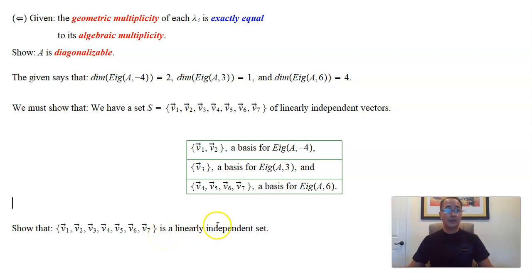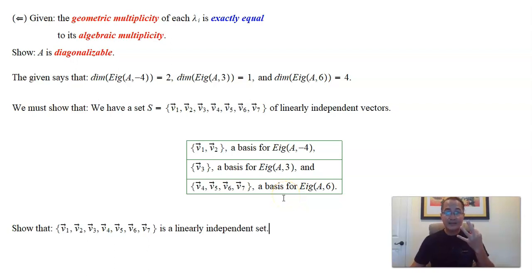So what we have to show is that these 7 vectors form a linearly independent set. A couple of theorems ago, we saw a theorem that said that if you have m distinct eigenspaces, then you are guaranteed that you will have m linearly independent eigenvectors. So what the theorem told us is: pick one vector from this eigenspace, one vector from this eigenspace, one vector from this eigenspace.